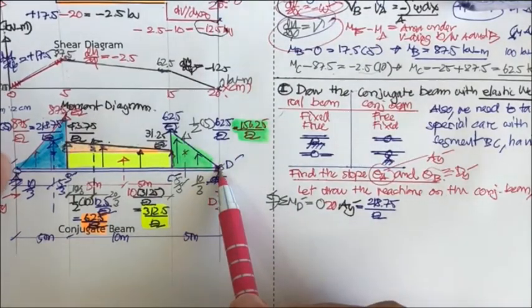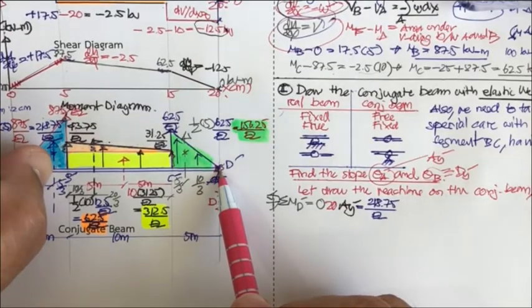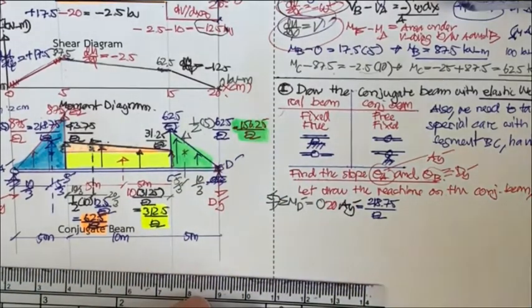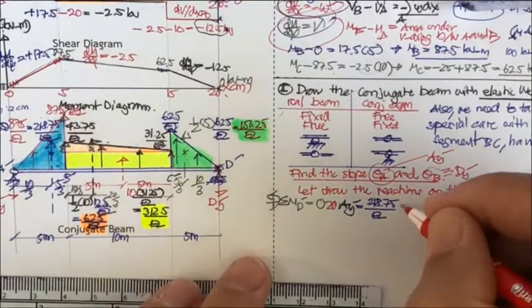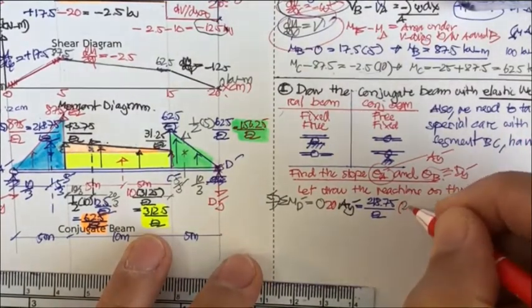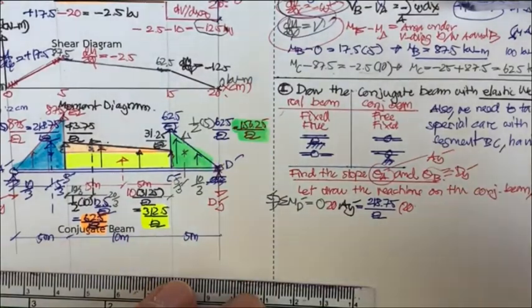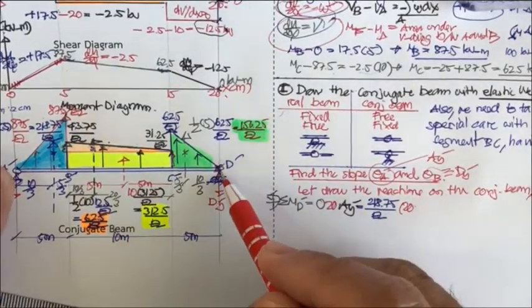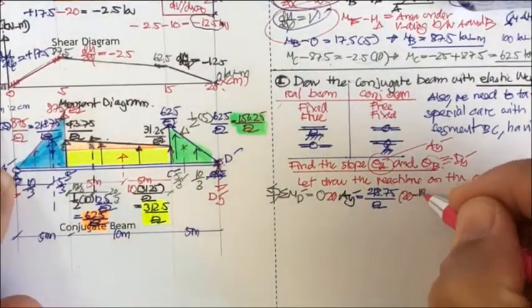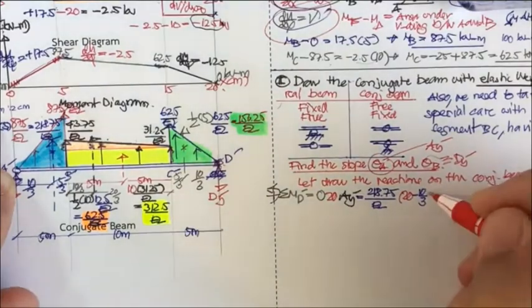This is going to be 20, and this is going to be 10 over 3. So 20 minus 10 over 3, you will get this distance. So we minus 20 minus 10 over 3. That's the first one.